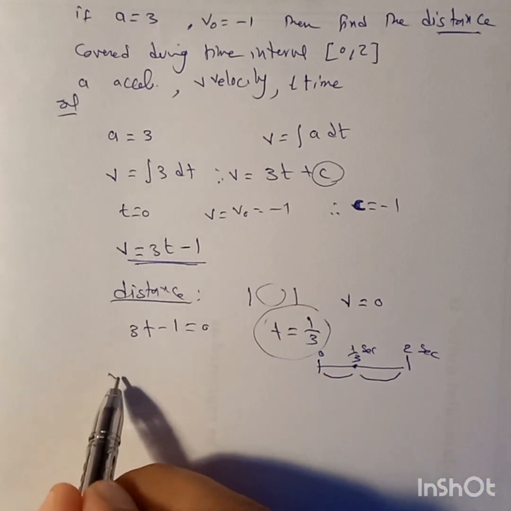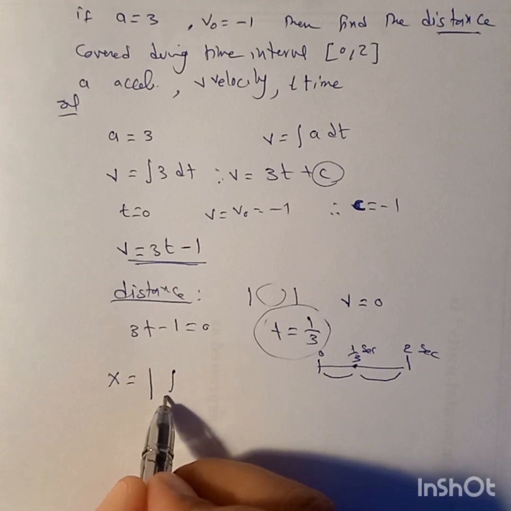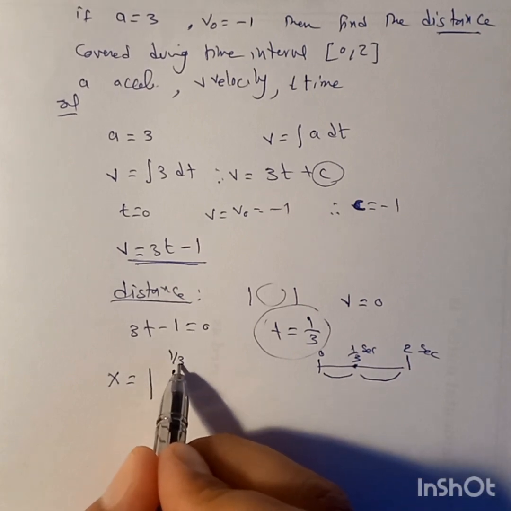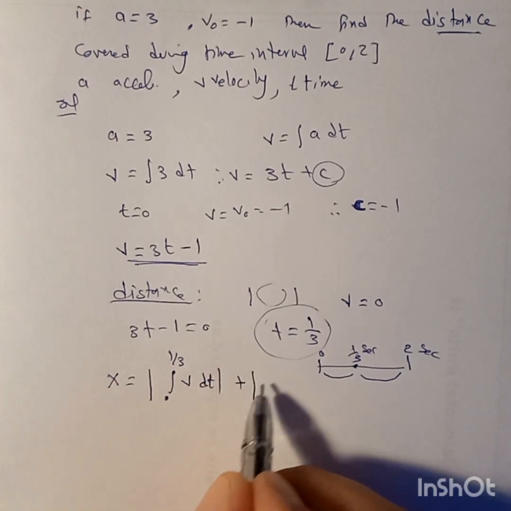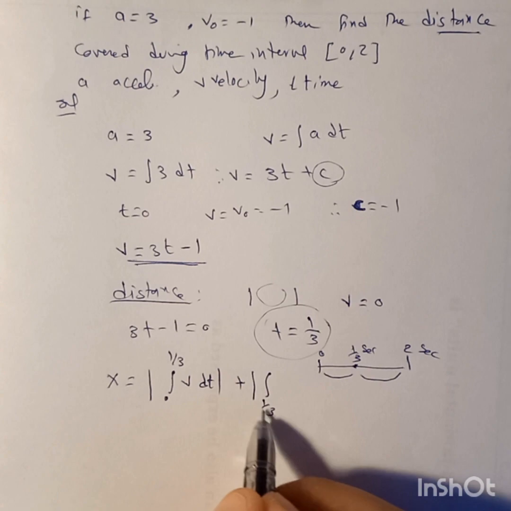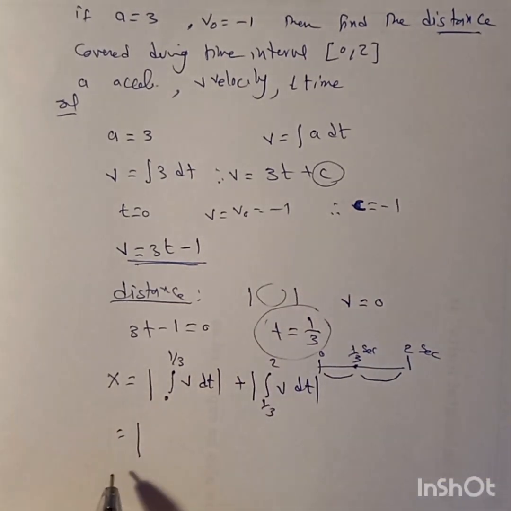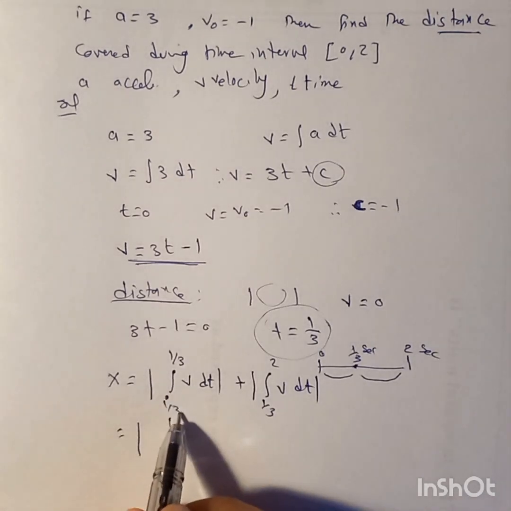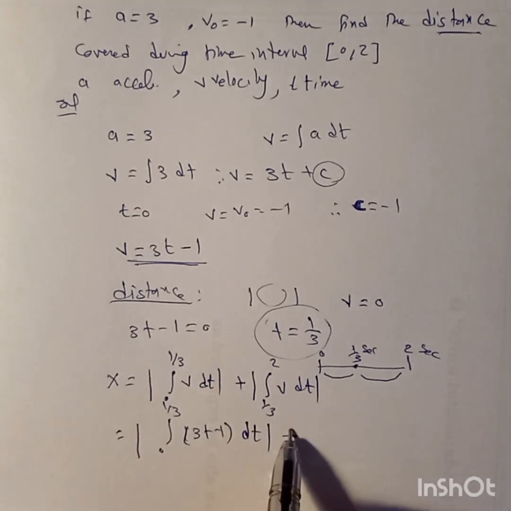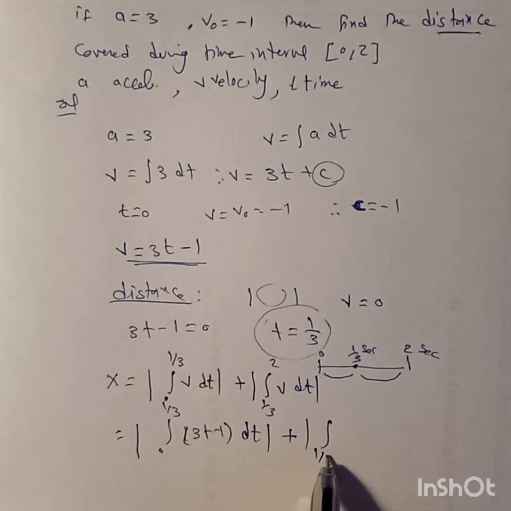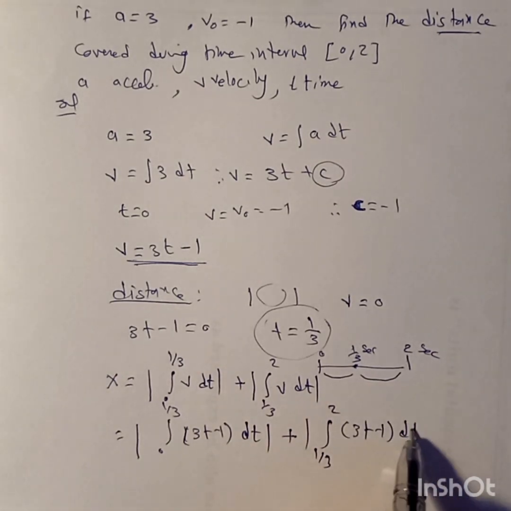Then we have distance x equals the modulus of the integral from 0 to 1 over 3 of v dt plus the modulus of the integral from 1 over 3 to 2 of v dt as well. Then we have the modulus of the integral from 0 to 1 over 3 of (3t minus 1) dt plus the integral from 1 over 3 to 2 of (3t minus 1) dt.